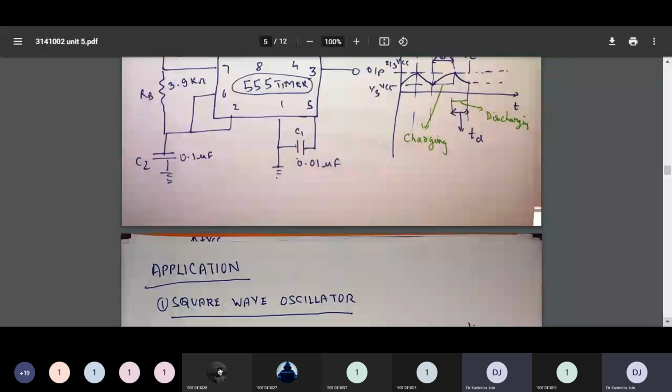Next point, time during which capacitor discharges from 2 by 3 VCC to 1 by 3 VCC is equal to the time output is low.